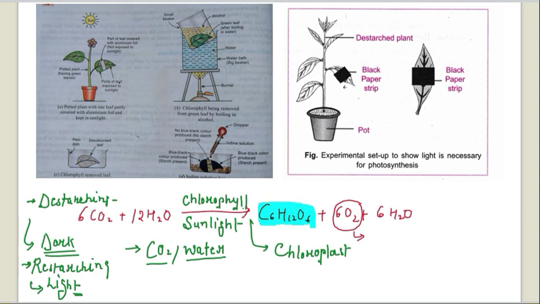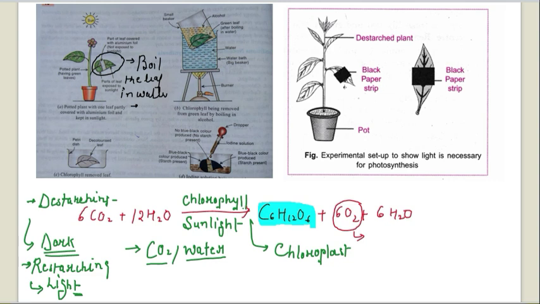Let's see what happens after restarching. When the plant has been restarched for 3 to 4 days, we pluck the leaf to which we put the aluminium foil. After that, the aluminium foil is removed. Then we boil the leaf in water, to break the cell membranes so that they become more permeable to the iodine.